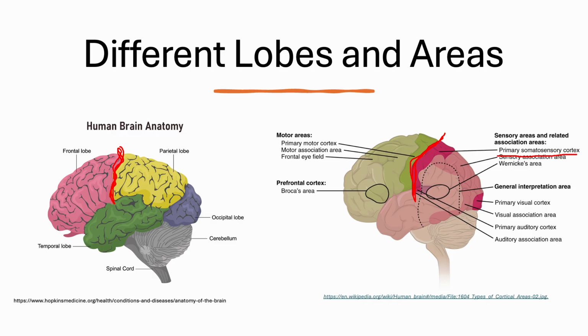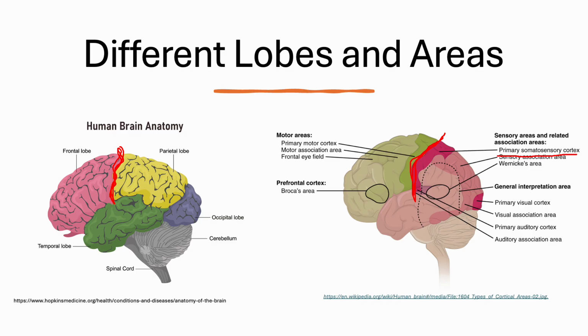So anything that you feel on your body, like it says, tickle, brushing, pressure, itches, chills, anything that you feel will all be felt by that somatosensory cortex on the parietal lobe.